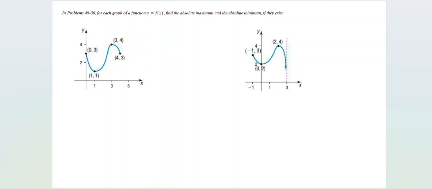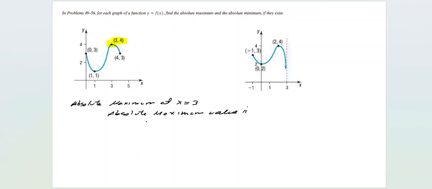So in this case, when we look at this function over here, it has an absolute maximum. The absolute maximum is going to be this point, right? So you have an absolute maximum at x equals 3, and the absolute maximum value is y equals 4.